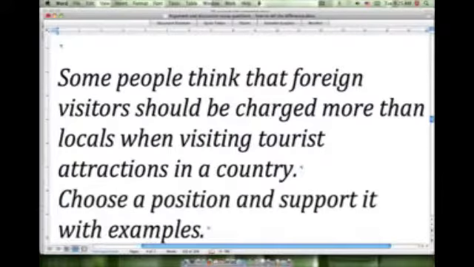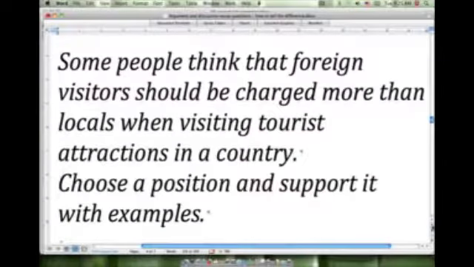Okay, here we have choose a position and support it with examples. Now I think this one's pretty straightforward. Here you have choose a position, which is just kind of asking you either support the idea that foreign visitors should be charged more than locals when visiting tourist attractions in a country, or refute it, go against this.